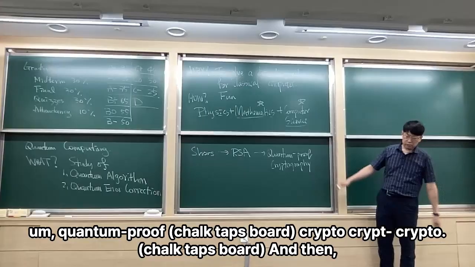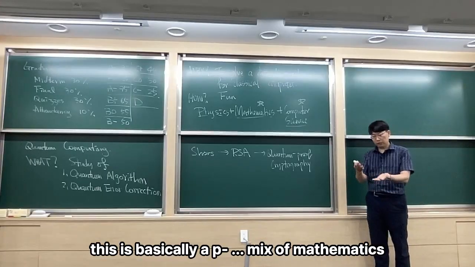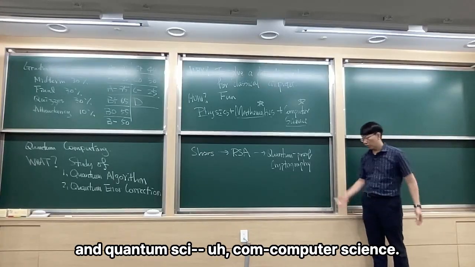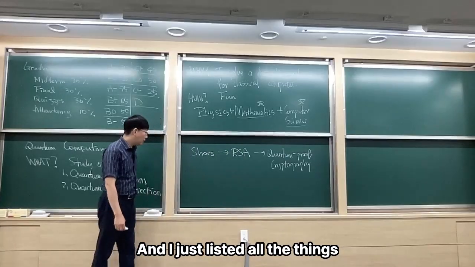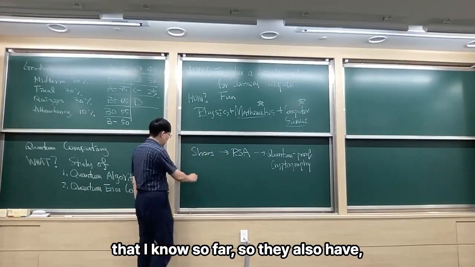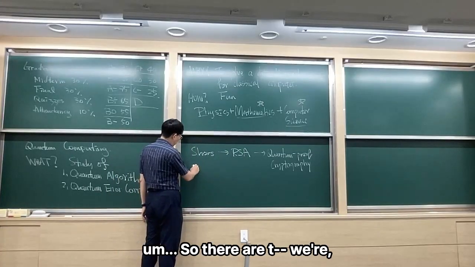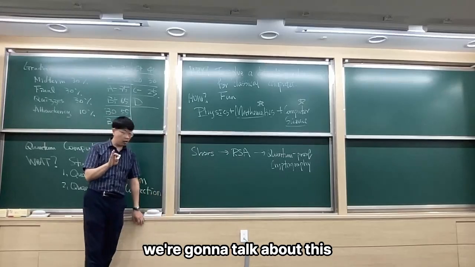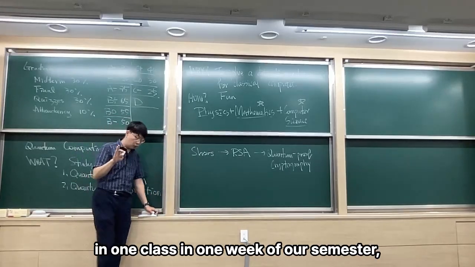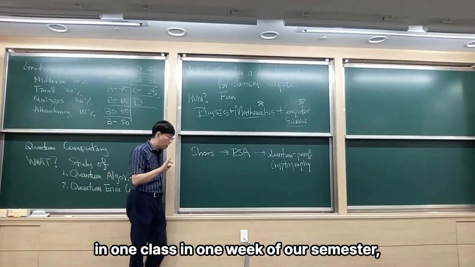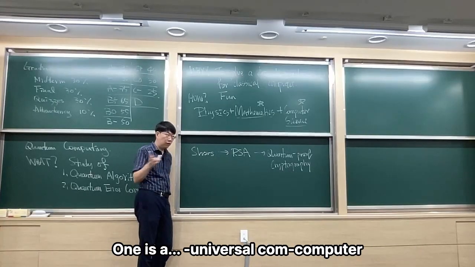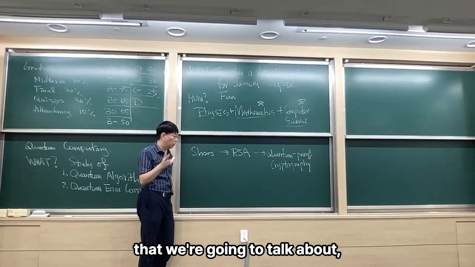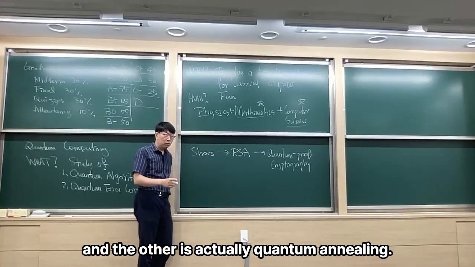And this is basically a mix of mathematics and computer science. I just listed all the things that I know so far. We're going to talk about this in one class in one week of our semester, but there are actually two types of quantum computer. One is the universal quantum computer that we're going to talk about, and the other is quantum annealing.